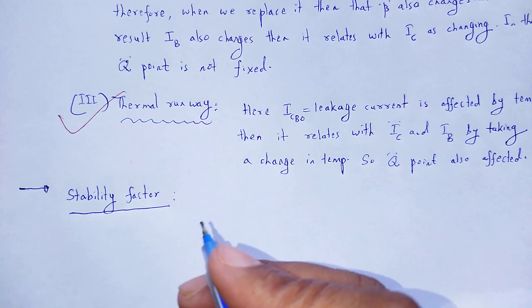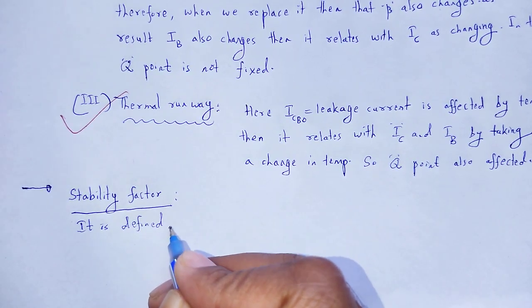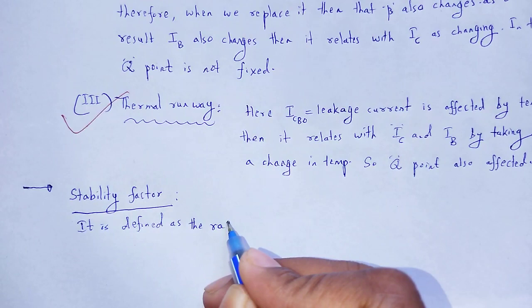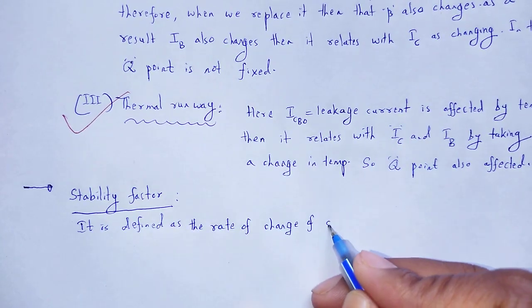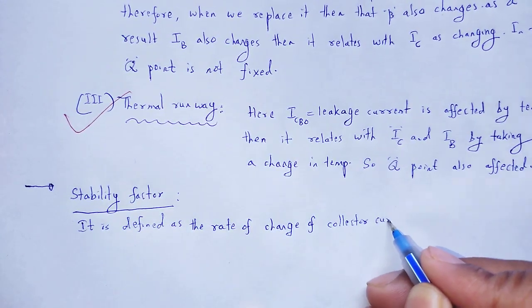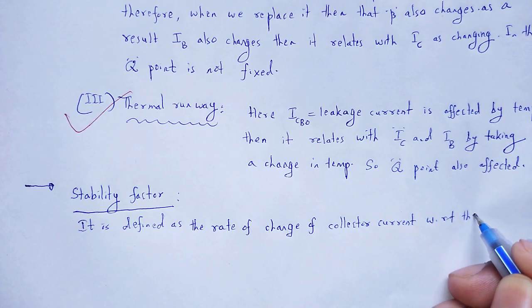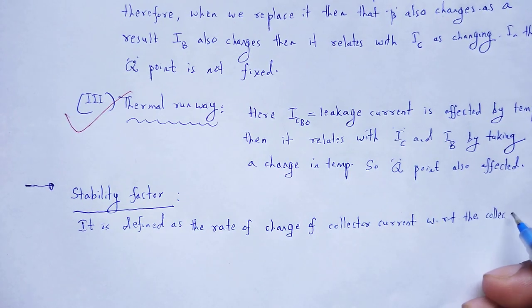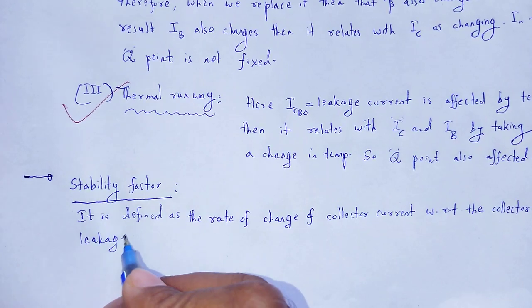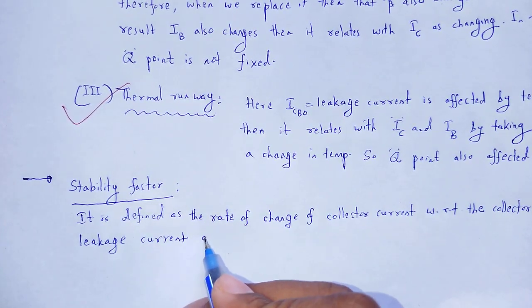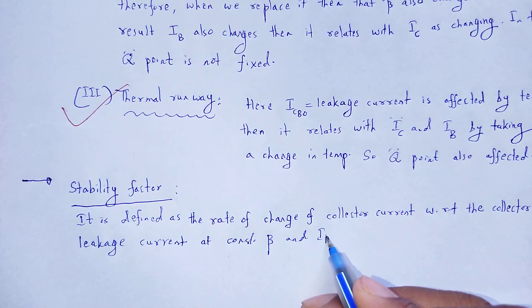We define the stability factor as the rate of change of collector current with respect to the collector base leakage current, at constant amplification factor beta and base current IB.